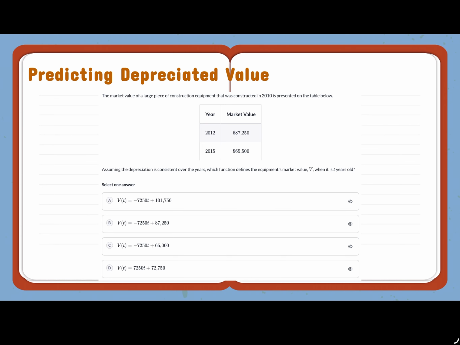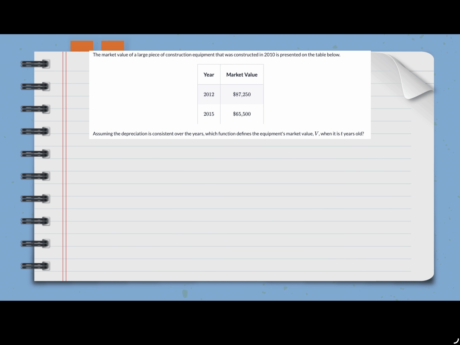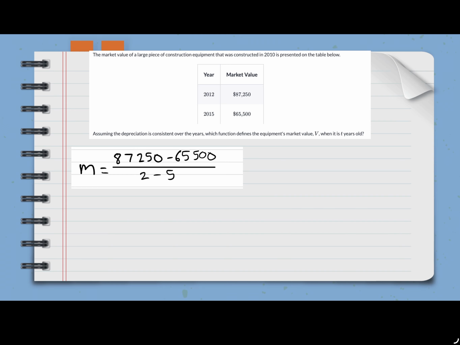Okay, so the first thing we have to do is look at what we're given, and we can figure out the slope. So using the initial points, we'll use 2012 as 2 and 2015 as 5, because we're working with 2010 as the original year. So we'll end up getting negative 7,250.